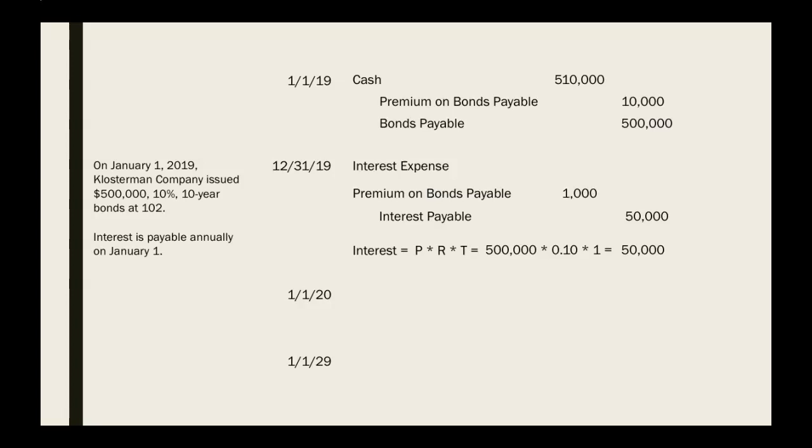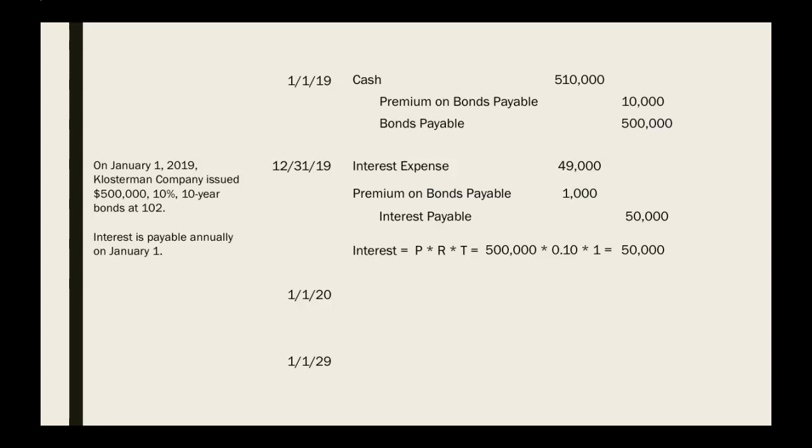So we will debit our premium on bonds payable for 1,000. So now our interest expense is 49,000. We get that by just taking our payable and subtracting our premium.